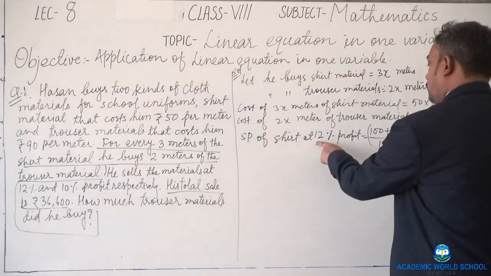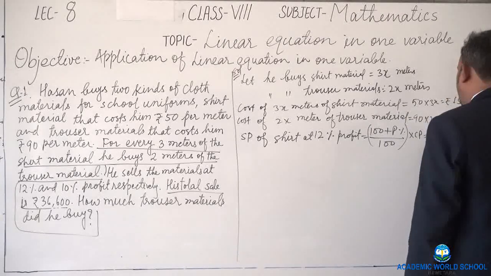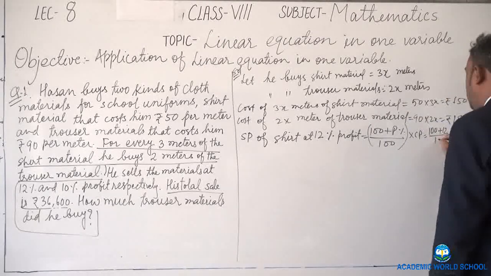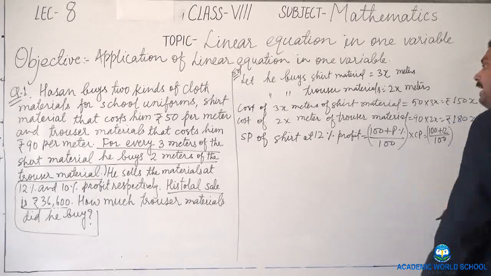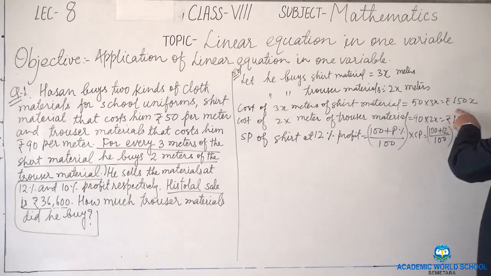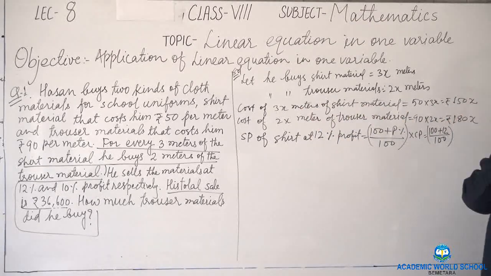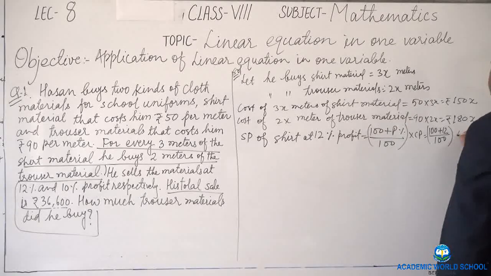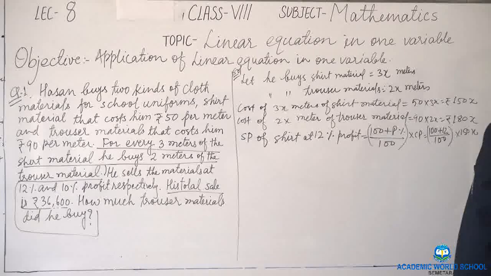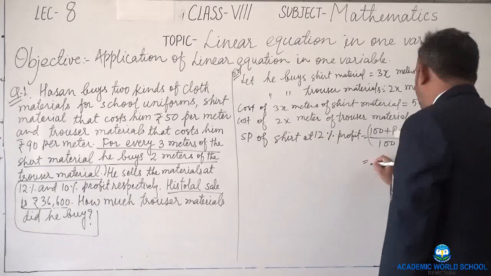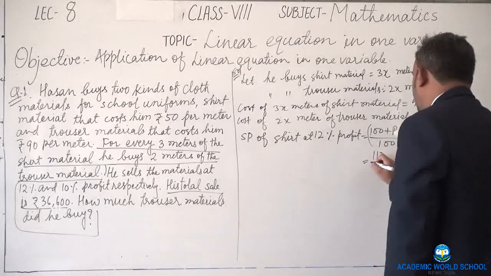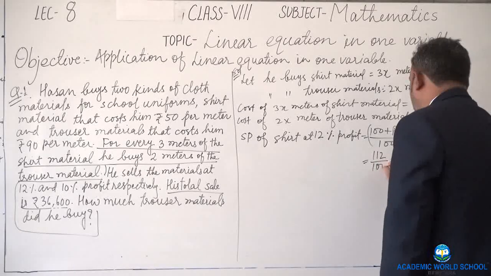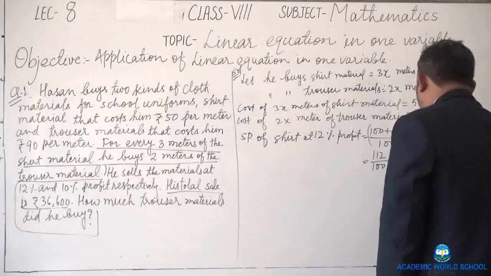The profit percentage here is 12%, so 100 plus 12 upon 100, and the cost of material, the CP, is how much? 150x, so we write 150x here. If we calculate this, it will be 112 upon 100 into 150x.